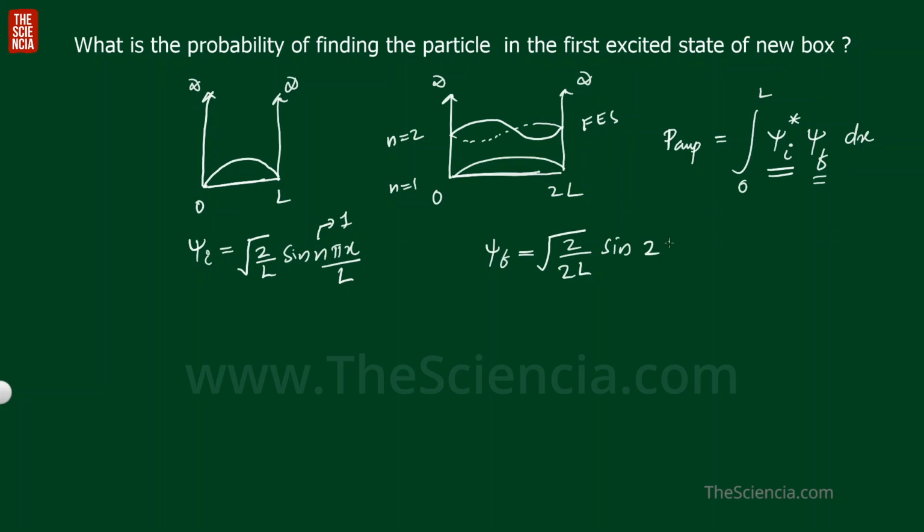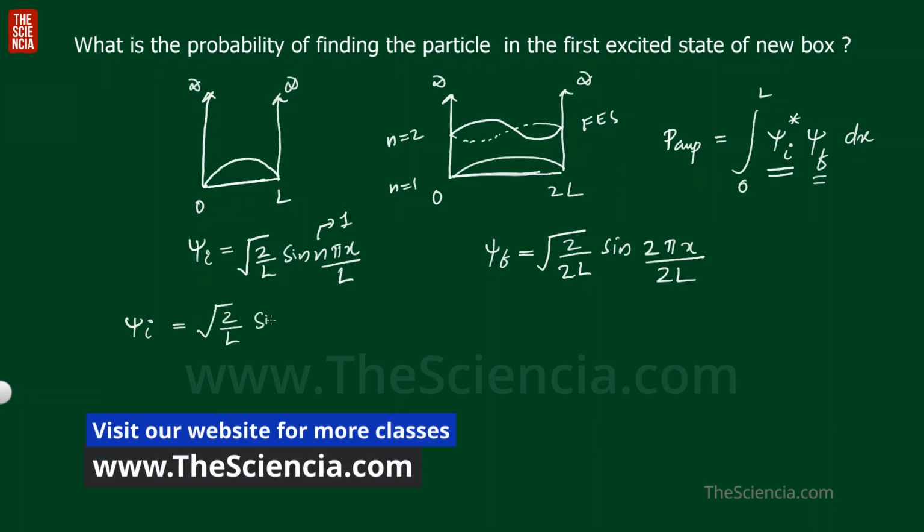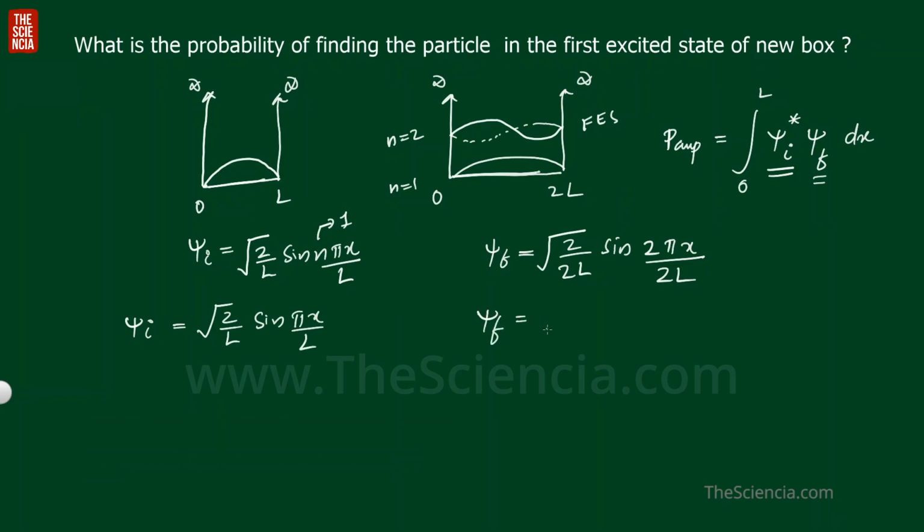So we get psi initial equal to root 2 by L sine pi x by L, and psi final equal to root 1 by L into sine pi x by L.